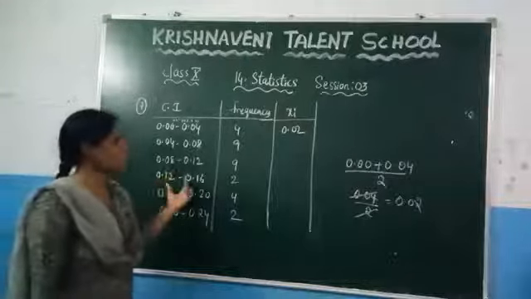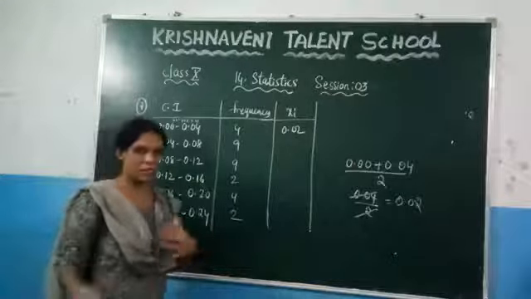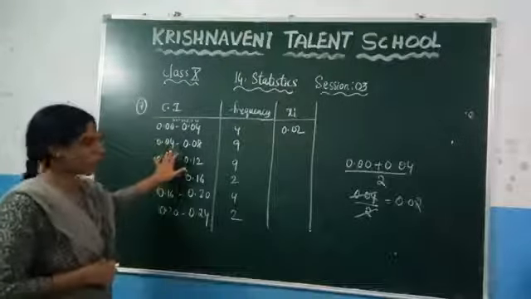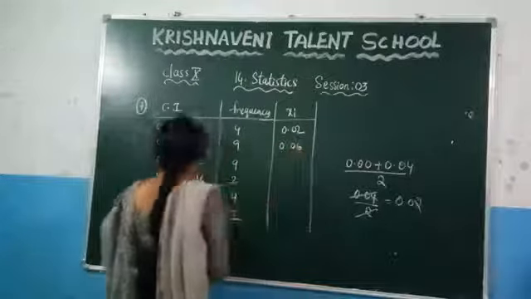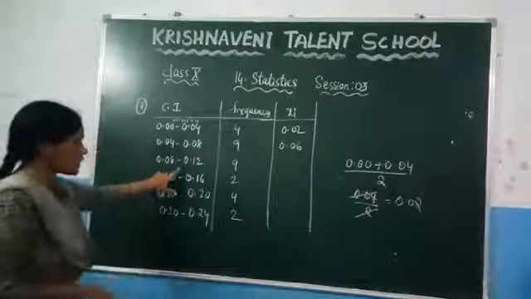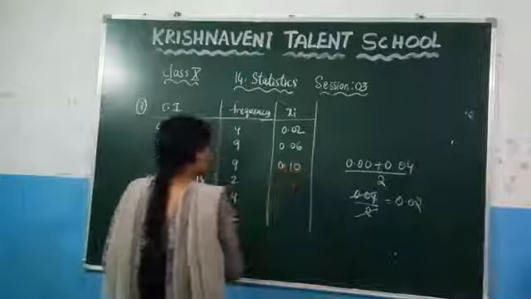Writing the middle term is very easy, because if you do the calculation, at some stage you can get it wrong. Now see the next one. What is the middle term here? You know that it is 0.06, right? And after that, what is the middle term here? 0.08, 0.09, 0.10. So the next one is 0.10.